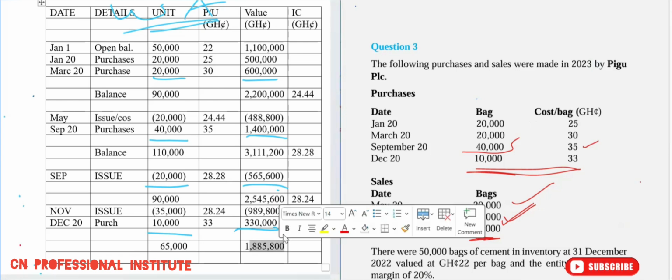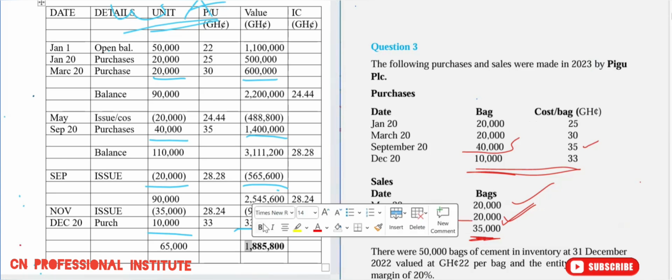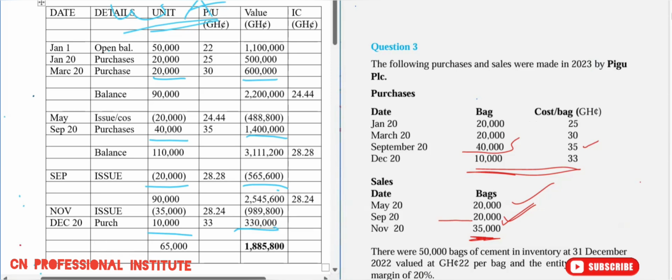Okay. These are closing inventory. Okay, so we can just say balance. So you just have to make sure everything is right. You scan through.